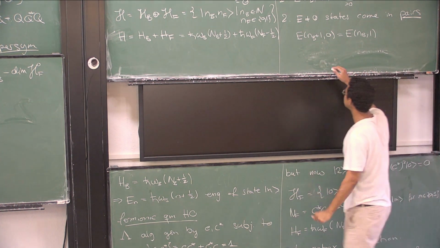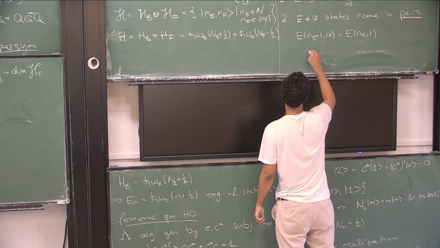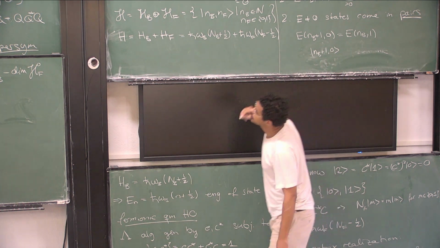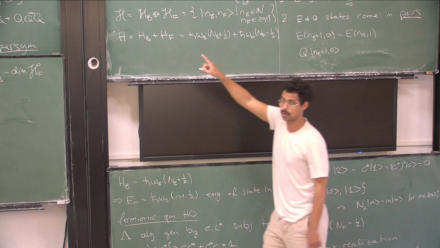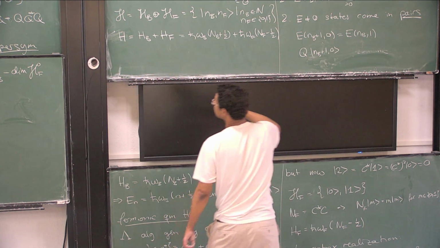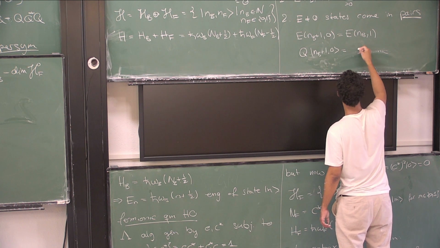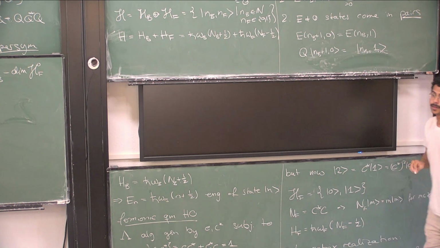Let's do it more abstractly, saying that this is the state n_b plus 1, 0, but we can act with Q on it, and then if you look at how Q is defined, right? Then this is just n_b and 1, right?